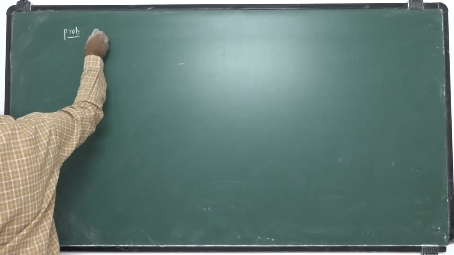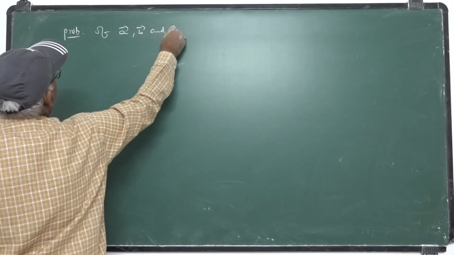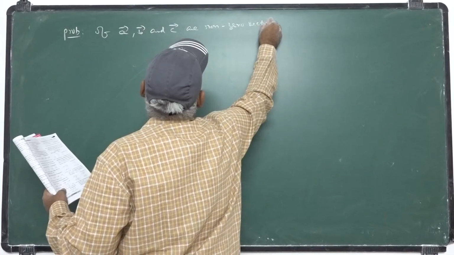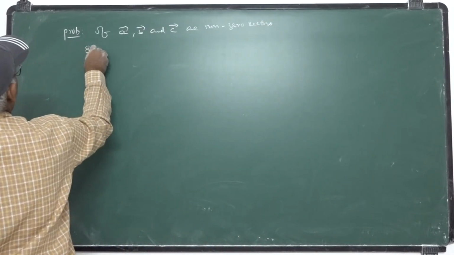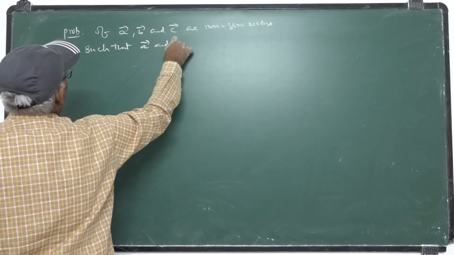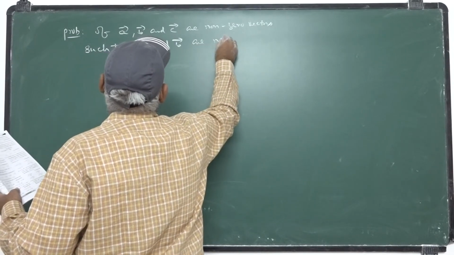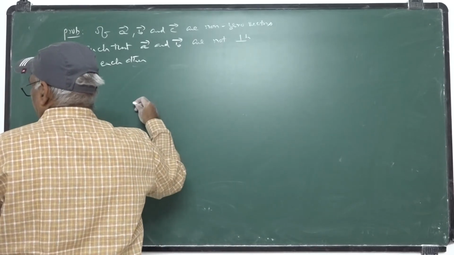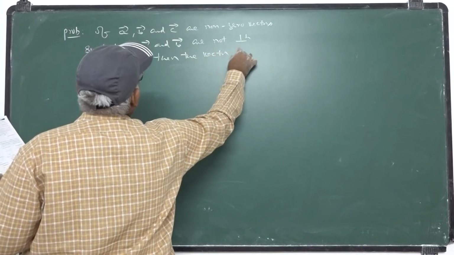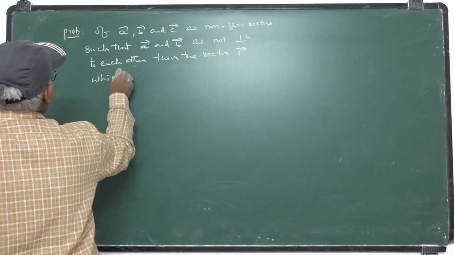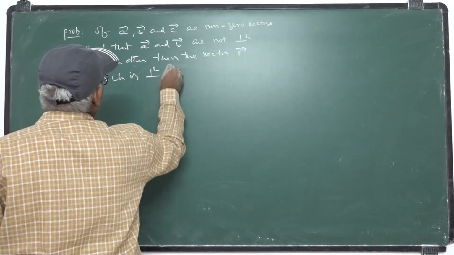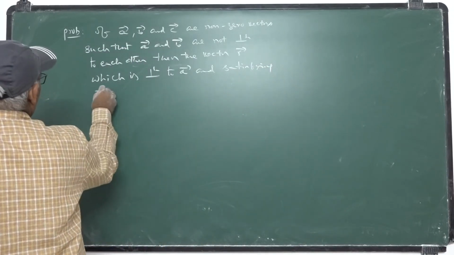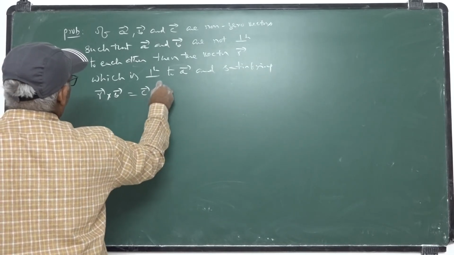Next problem. If A bar, B bar and C bar are non-zero vectors such that A bar and B bar are not perpendicular to each other, then the vector R bar which is perpendicular to A bar and satisfying R bar cross B bar equal to C bar cross B bar is.